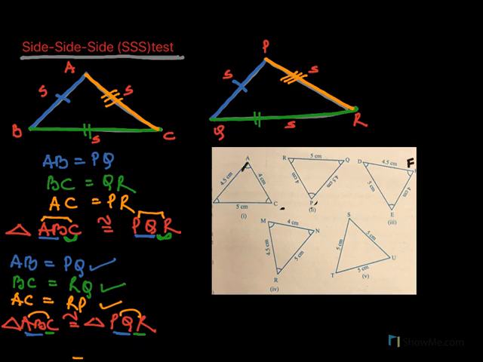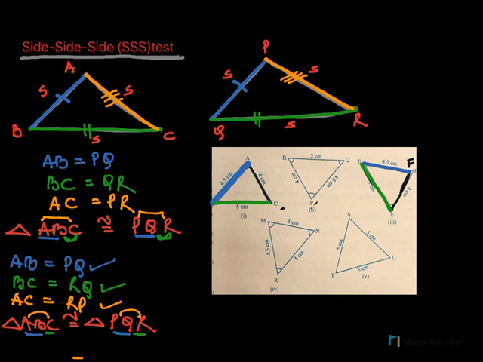Now we'll see the congruence in this triangle and this triangle DEF. Let's see if they are congruent. We do the same thing and mark. We have AB here, which is 4.5. And what is 4.5 here? DF is 4.5. So one side is equal. Then this is 5 centimeters and this is also 5 centimeters.